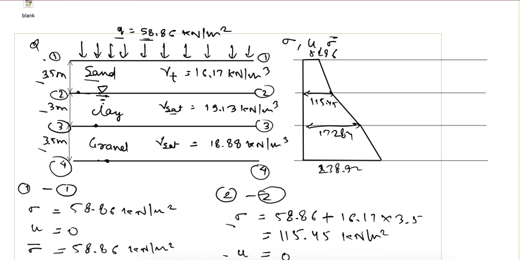And for pore water pressure, similarly you can plot. So in this region there is no pore water, it will start from the section 2 and its slope will be equal to the unit weight of water. This is the line. And similarly the effective stress.